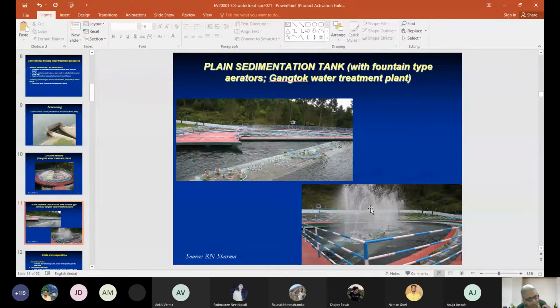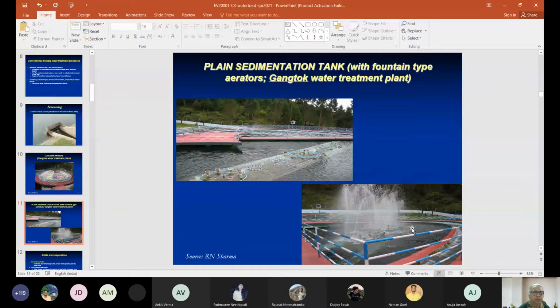And what is our technical objective? Our technical objective in all aeration processes is to maximize interfacial area. The amount of surface area that the water is exposed to, you want to maximize that, because the more surface area that is in contact with air, the better you will get in terms of DO levels.